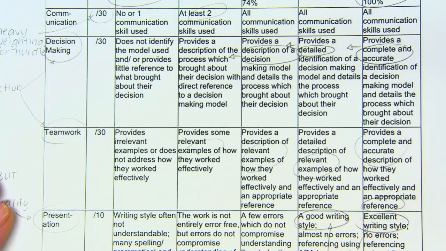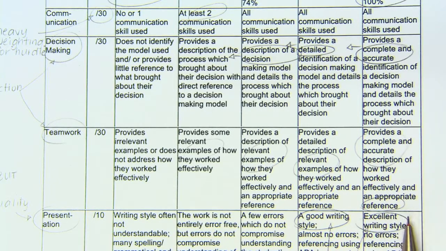Okay. In looking further at further qualities that the instructor is looking for in students' work, we find here the use of relevant examples and an appropriate reference. When we see that, we could actually use that use of evidence as a criterion.